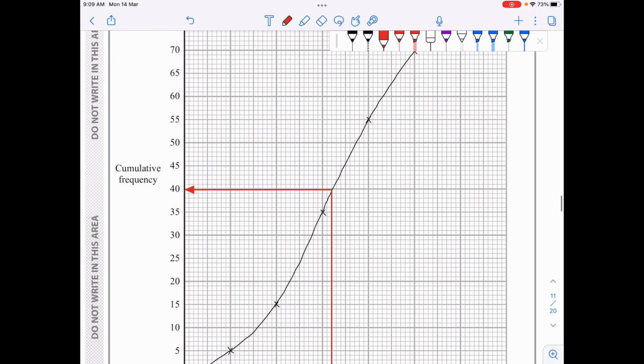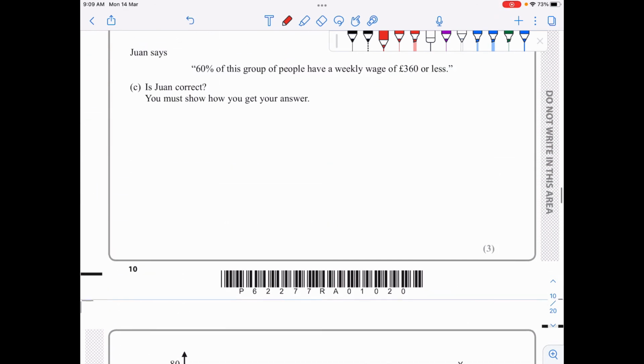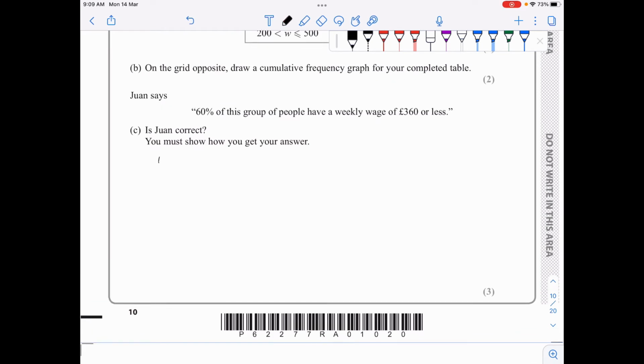So we know that 40 out of 80 had a wage of less than 360 pounds. Now 40 out of 80 is 50%. Hence, the claim that 60% had a weekly wage of 360 or less is actually false. Hence, Juan is wrong.